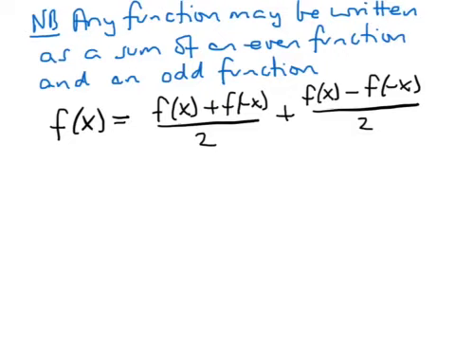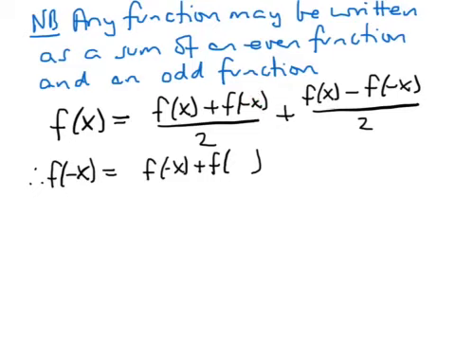But once we do that, we then notice that this tells us that f of minus x is f of minus x plus f of, and now here minus x becomes f of minus minus x, which is f of x.